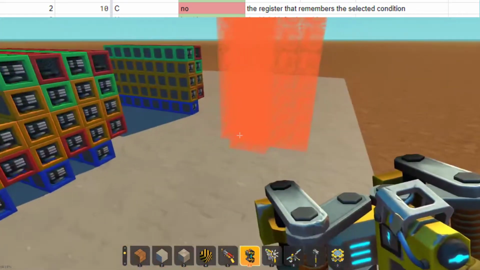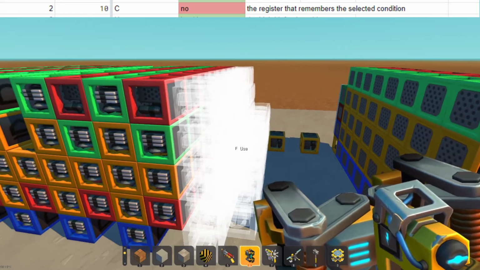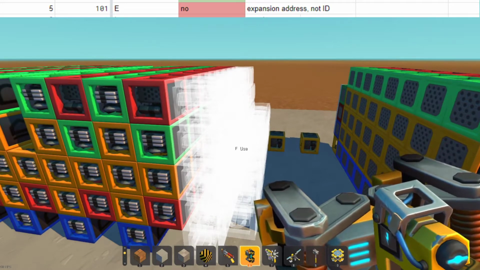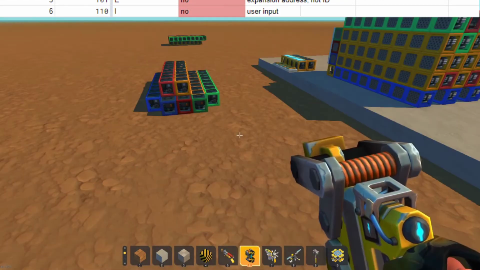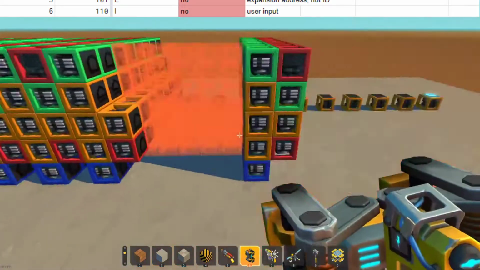So one for the C register, which holds the condition logic, right? Am I right? Yeah, the selected Boolean condition. Next, we have the E register, which is the selected expansion address. I register for the selected user inputs.